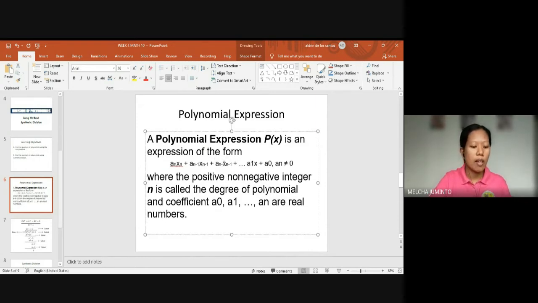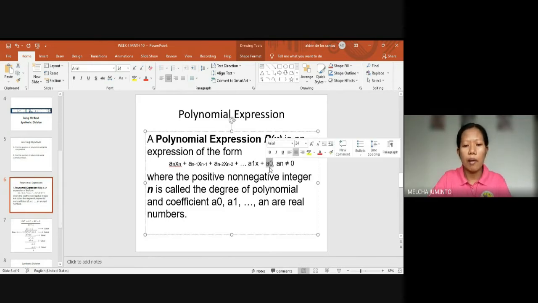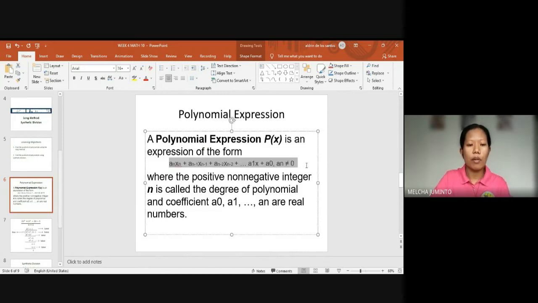This will be n minus 2, x of n minus 2, and then up to the point wherein a of 1, which means this is a number only, times x plus a of 0. This is a number only without any variable. So this is the general form of a polynomial expression.